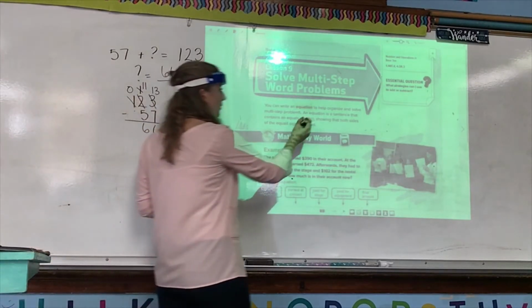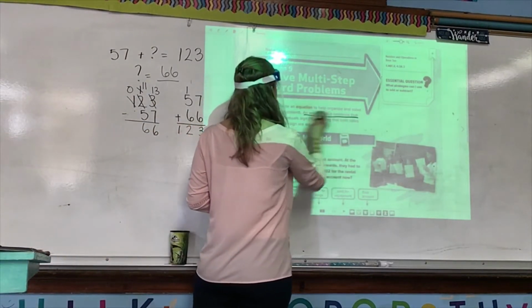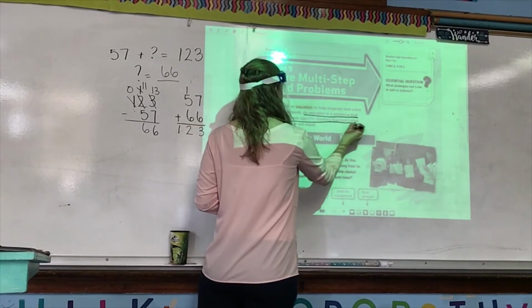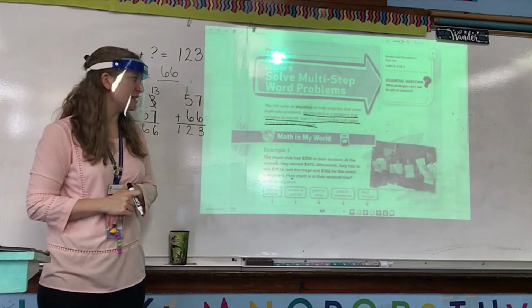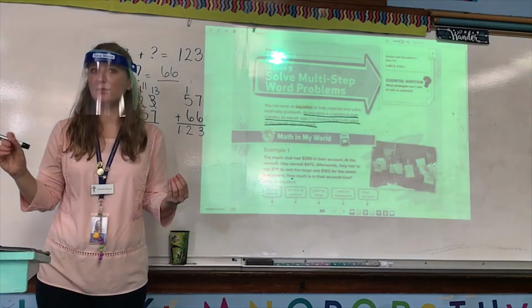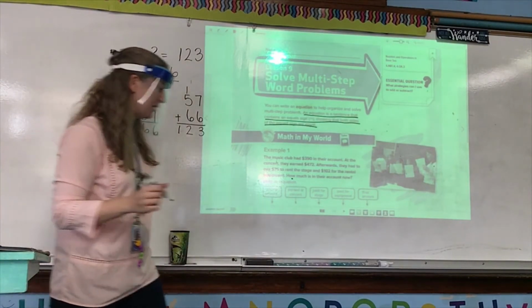Good. So underline that definition. An equation is a sentence that contains an equal sign showing that both sides of the equal sign are equal.